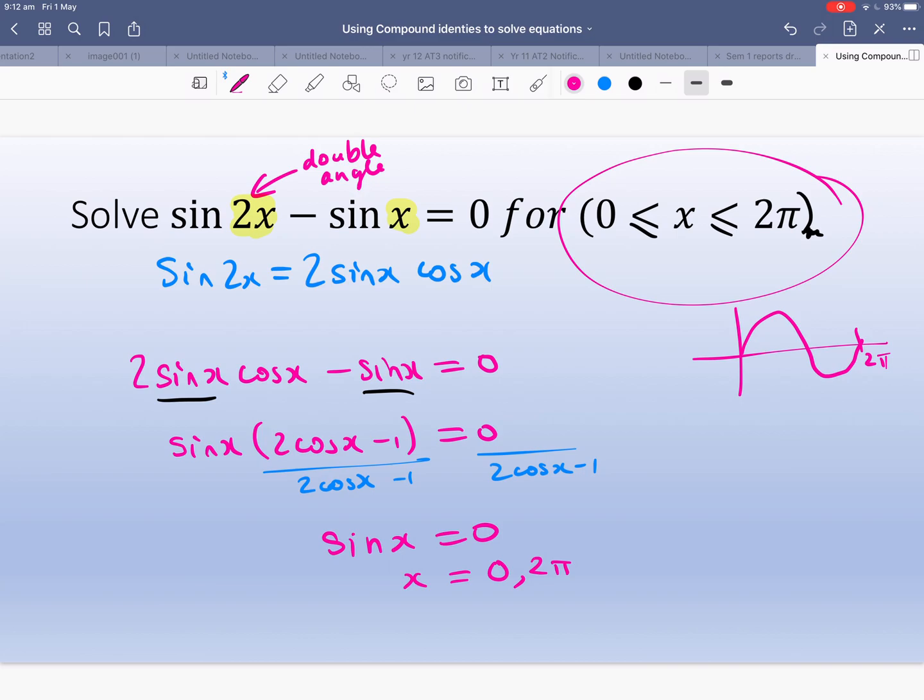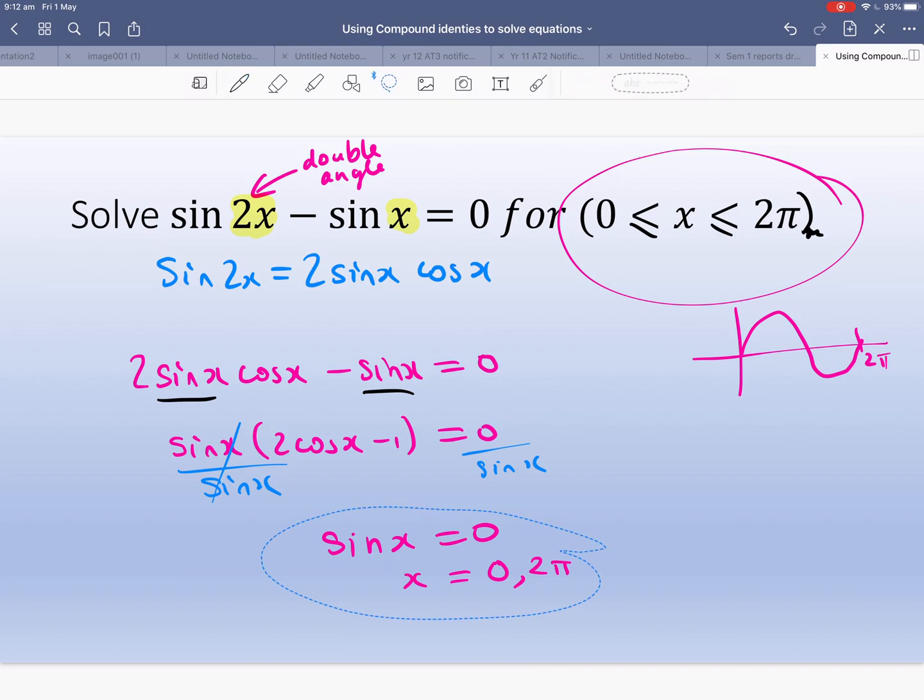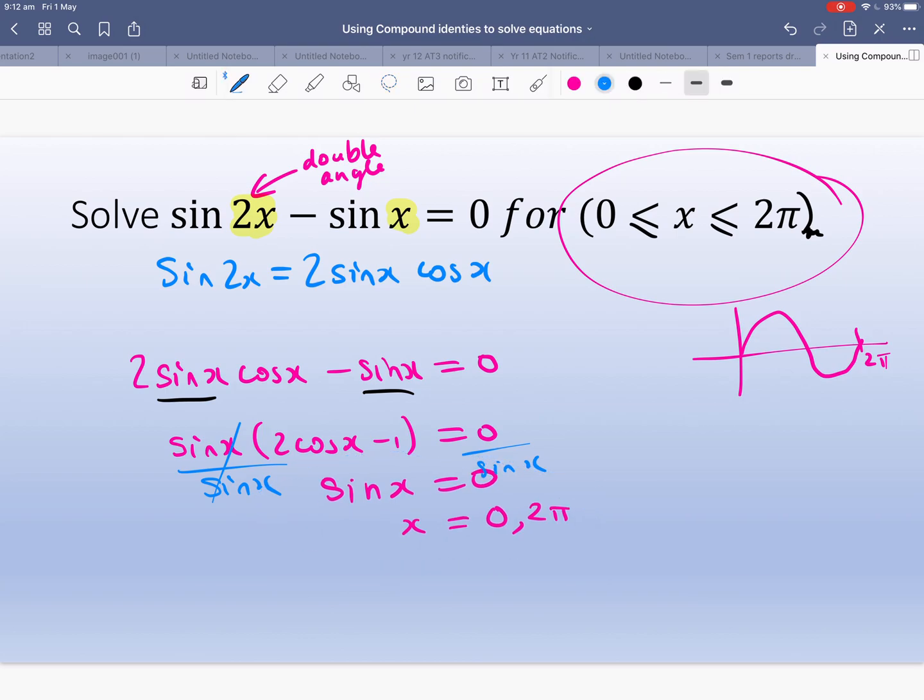Now, also using the null factor law, if I divide both sides by sine x, I get rid of that, and the other side is still 0, okay? The second thing I'm going to get is that 2 cos x minus 1 equals 0.